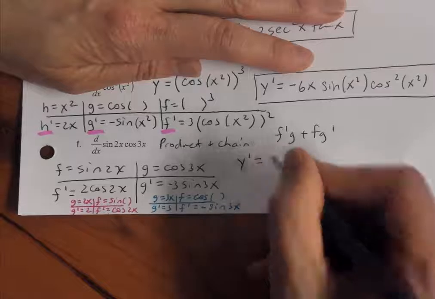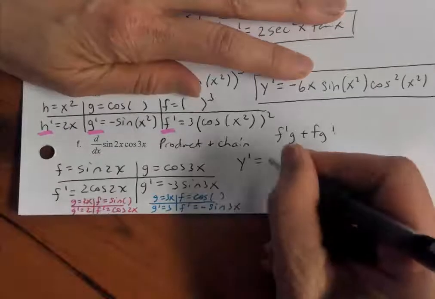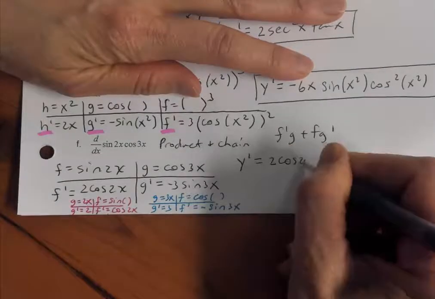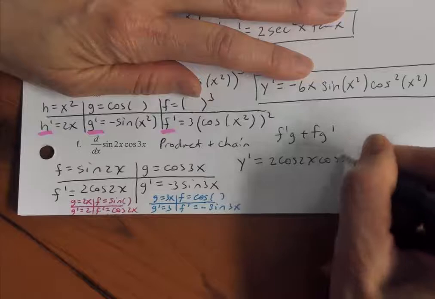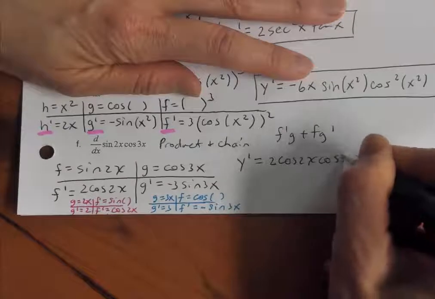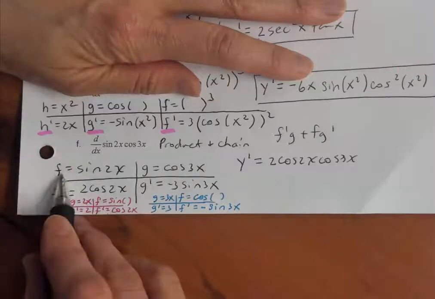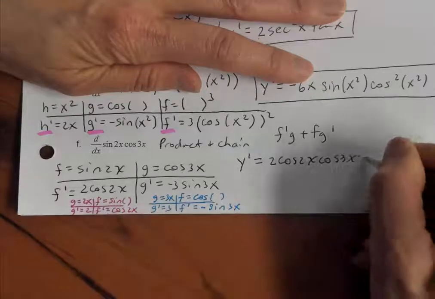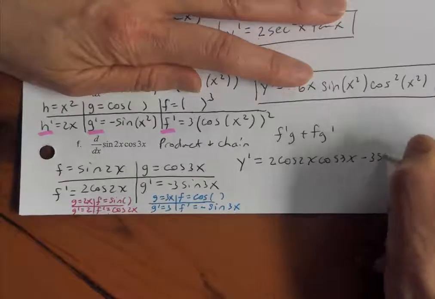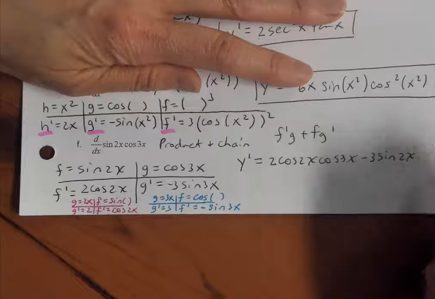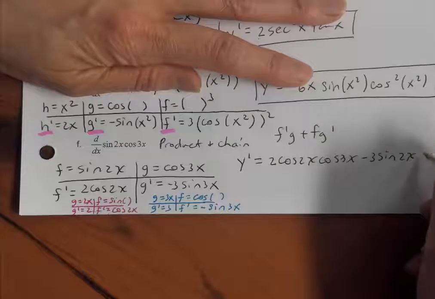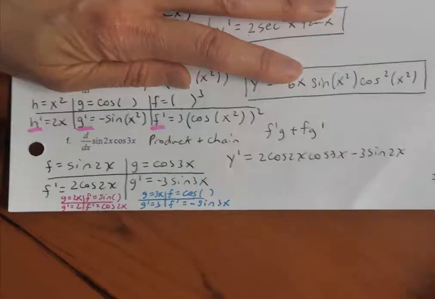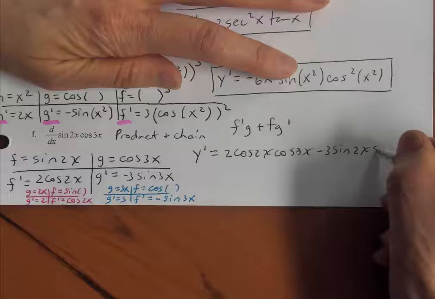y prime equals, so I'll bring the 2, so that'll be 2 cosine of 2x times cosine of 3x. So that's f prime g plus f g prime, so it'll be a minus. Minus 3 sine of 2x times sine of 3x.